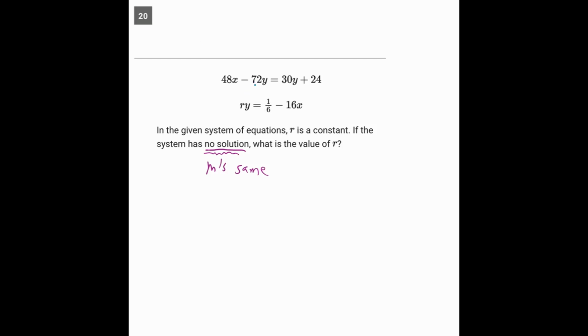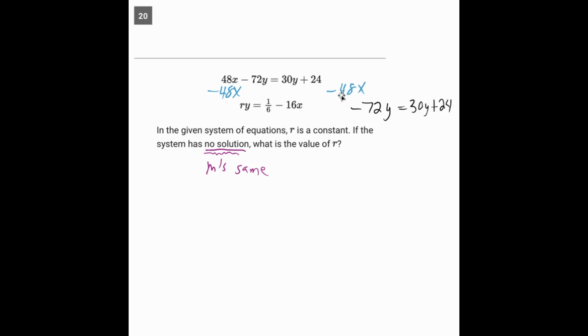On the top equation, let's take away 48x from both sides. And that'll give us negative 72y equals 30y plus 24, and minus 48x on the side there.